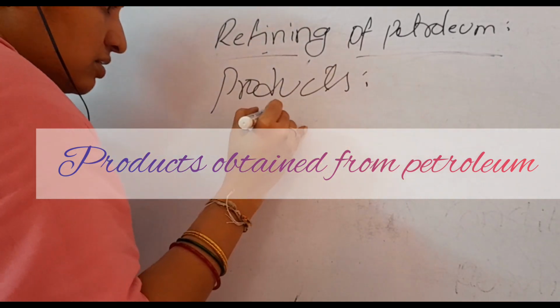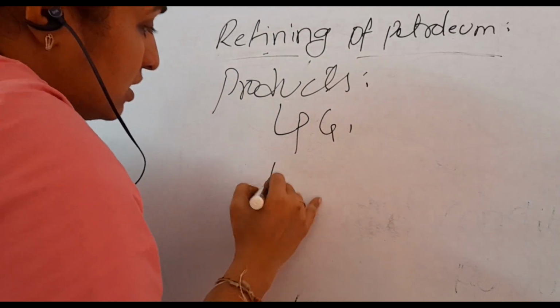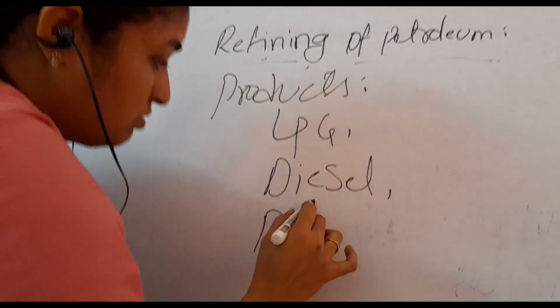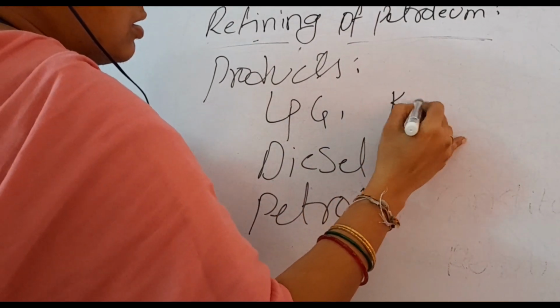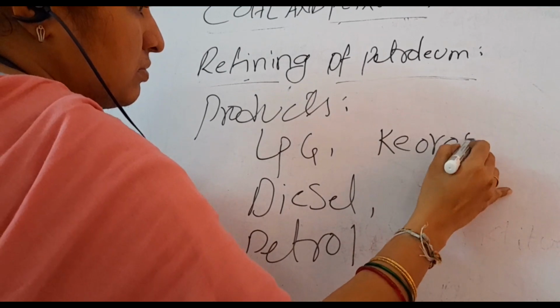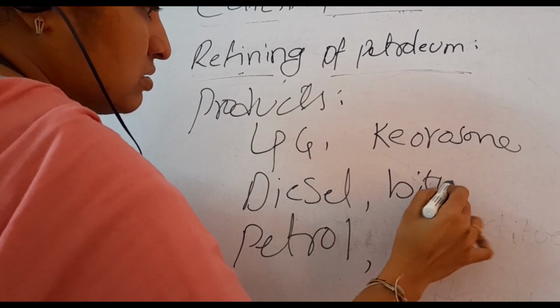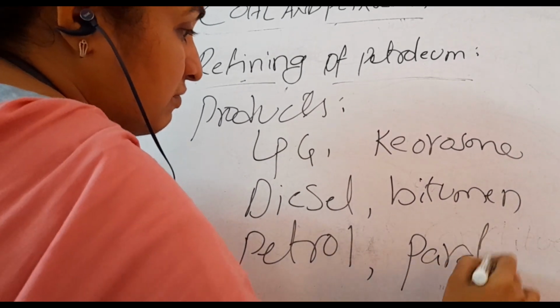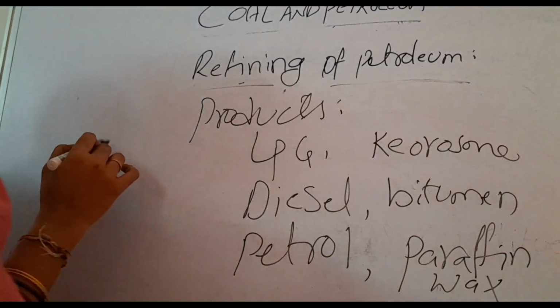Some products, what are they? LPG, diesel, petrol, kerosene, bitumen, paraffin wax, and lubricating oil.